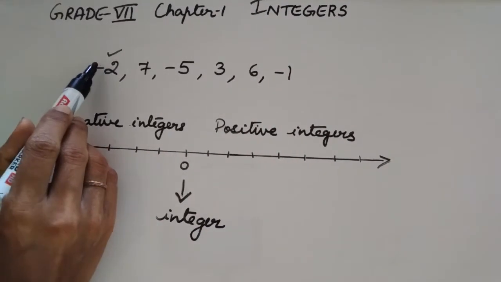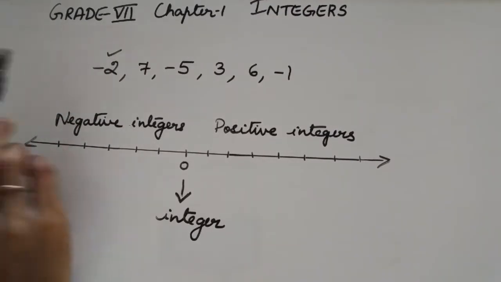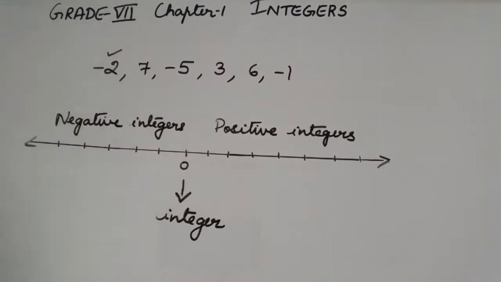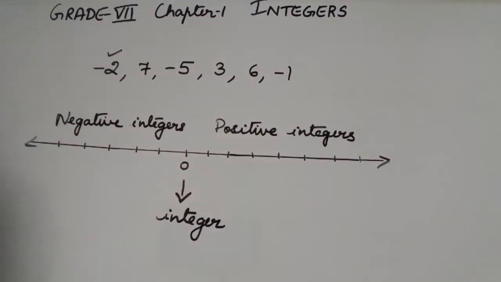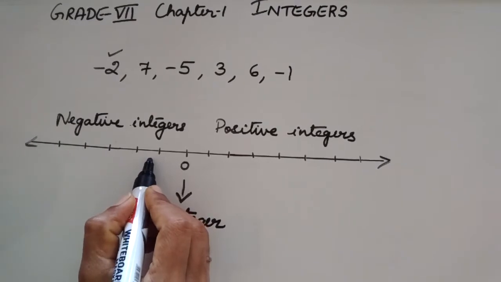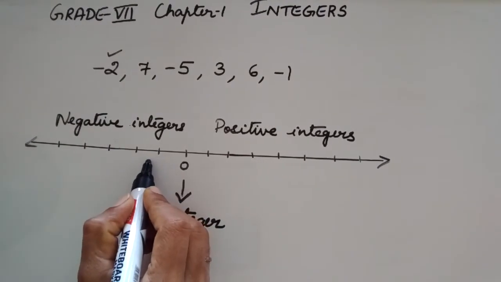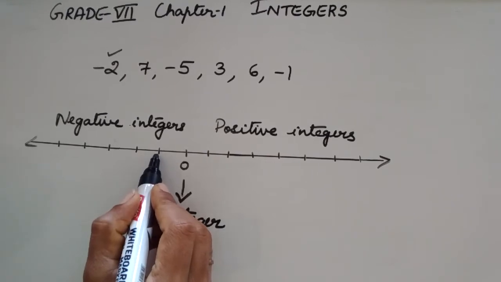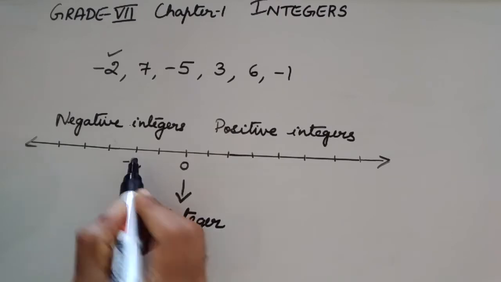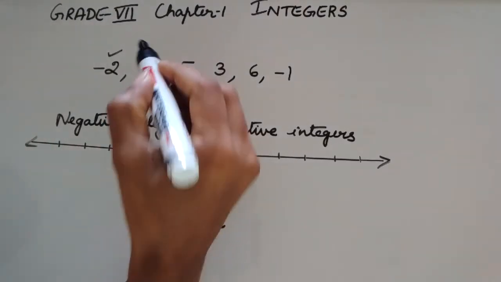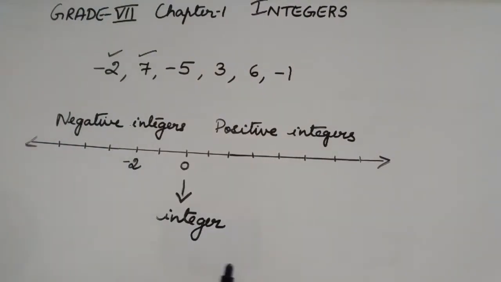It is a negative integer because it has the minus sign. So, it is to the left of 0, isn't it, students? Yes. So, what is this? Which is this number? This is -1. So, where is -2? So, this is -2.